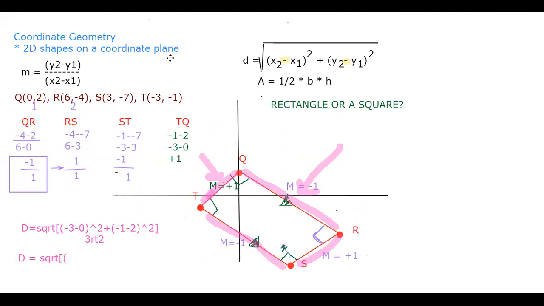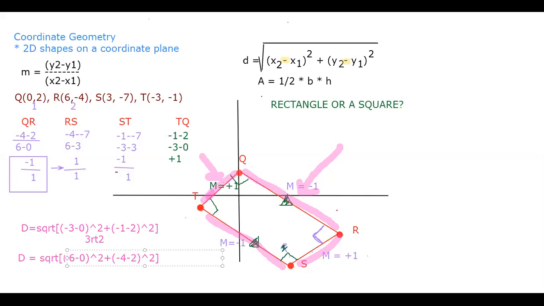So distance is x2 minus x1. So 6 minus 0, quantity squared, plus y2 minus y1, -4 minus 2, quantity squared. All of that is the square root of that.